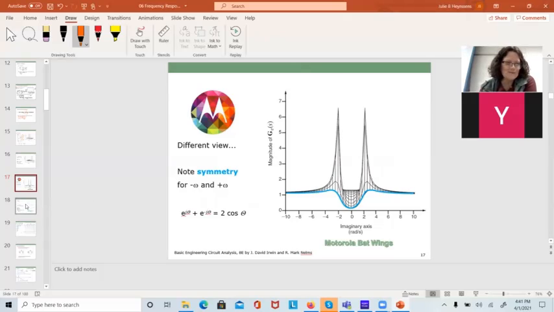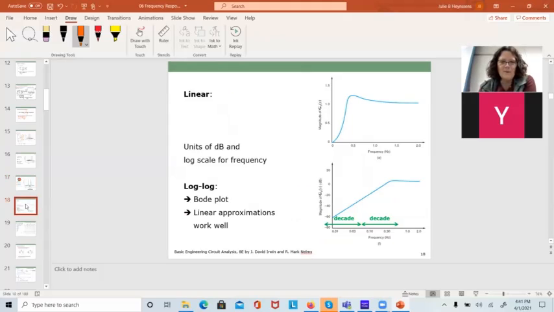Sorry, I spent too much time looking at that. Okay, if we plot these transfer functions, the linear magnitude of G versus the frequency, we get things that are hard to describe.